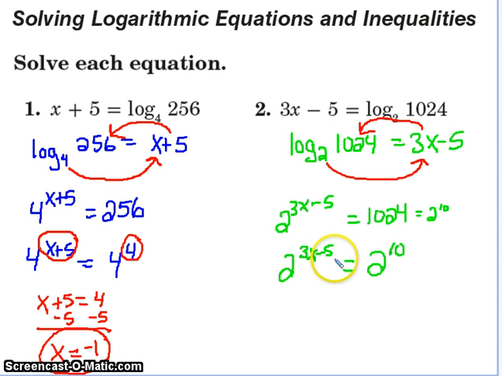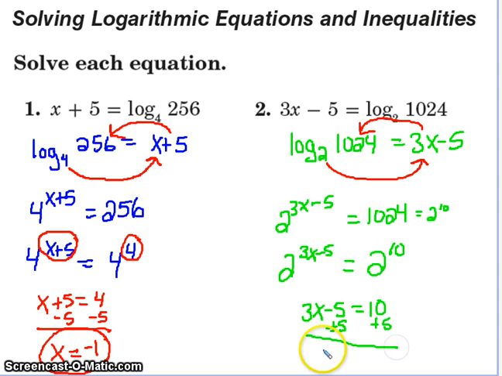Just like we solved any other logarithmic function, we have to break down the bigger number until we get it in the same base. And once our bases are the same, we can set our exponents equal to each other. We are going to add 5 to both sides, which gives me 3x equal to 15.